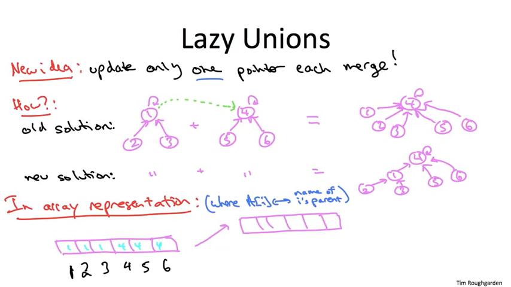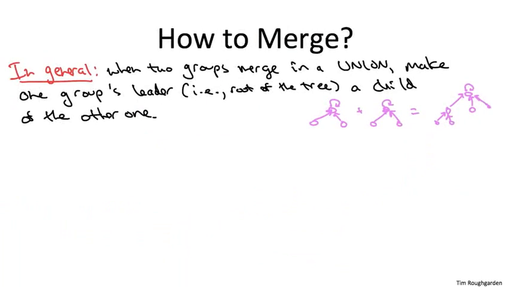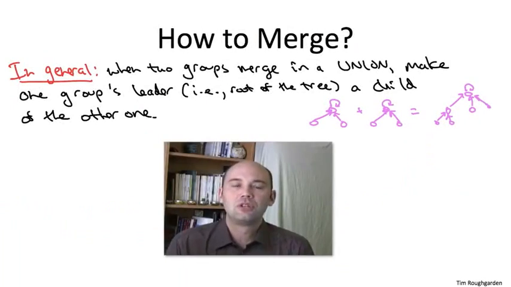They're all going to point directly to 4, so that gives us an array entirely of 4s. Whereas in the new solution, the only node whose parent pointer gets updated is that of object 1. It gets updated from itself to 4. And in particular, objects 2 and 3 still point to object 1, not directly to object 4. So that's how union works in a simple example.